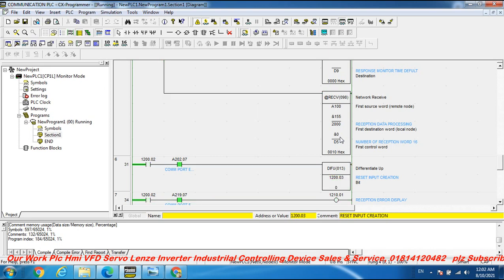At the reception data processing, if there is no reception processing, completion error. The 16 words of data received from word 2000 are stored at D14.